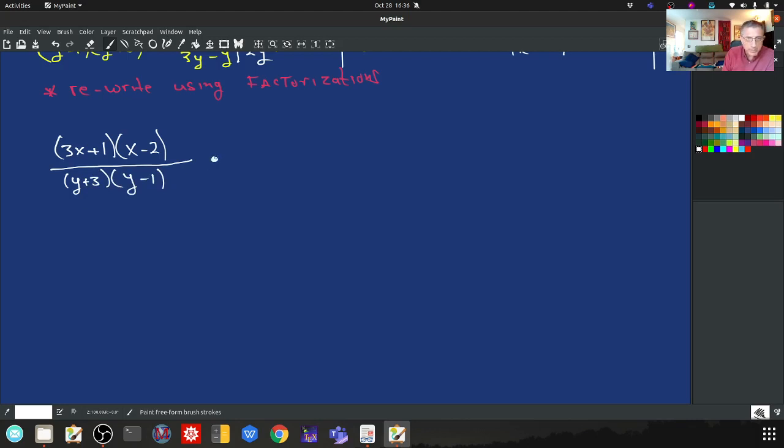Then I'm multiplying in my second rational expression with the numerators and denominators factored is y minus 1. And then this is a division.